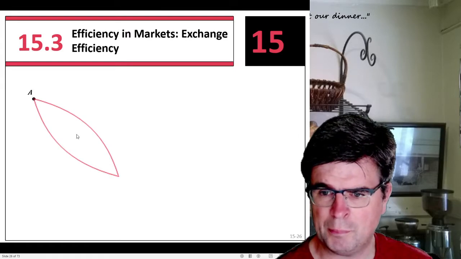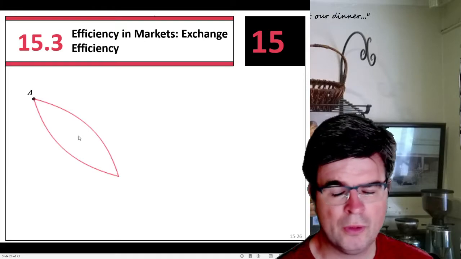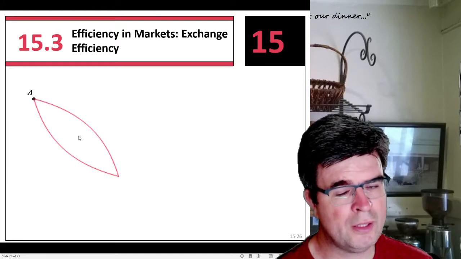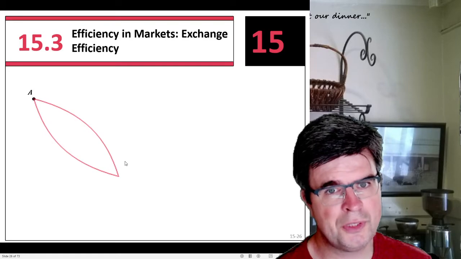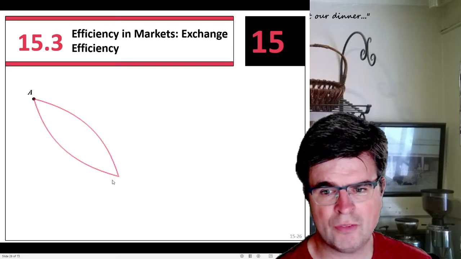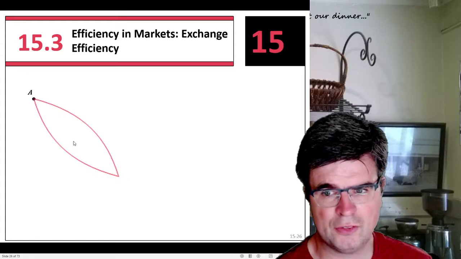So if you look at the point where the arrow now is, and you would draw the indifference curve of Alice that runs through this point, then that indifference curve would be one associated with a higher utility level than the initial indifference curve. And the same for Bob.